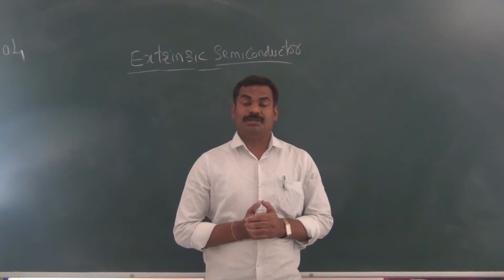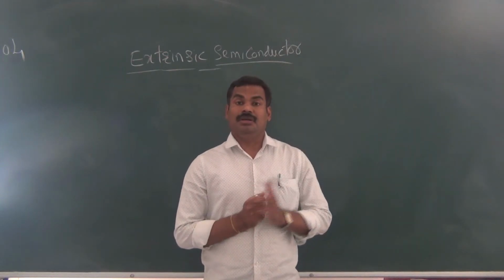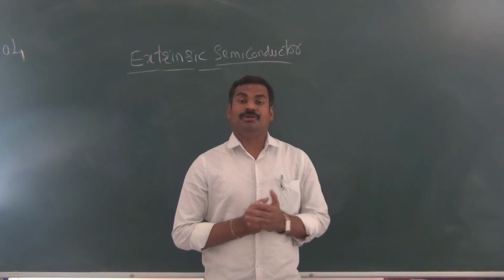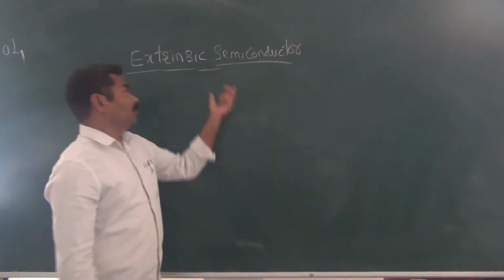What is an extrinsic semiconductor? The extrinsic semiconductor is in the impure form. It is not pure, because impurities are added to a pure semiconductor. That is nothing but extrinsic.